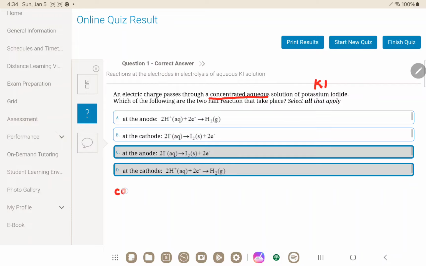At the cathode, we have the one that's least likely to get reduced, which is Na+.